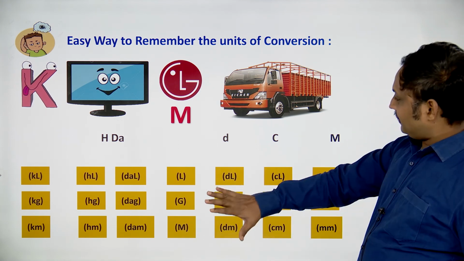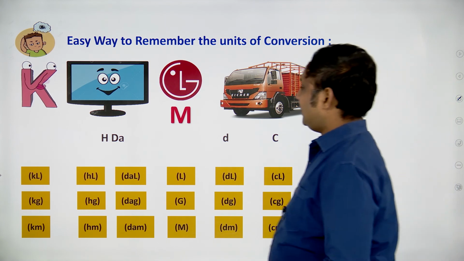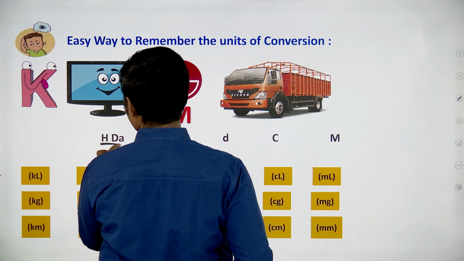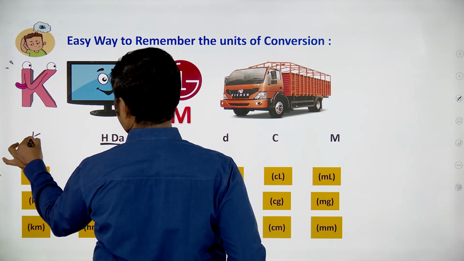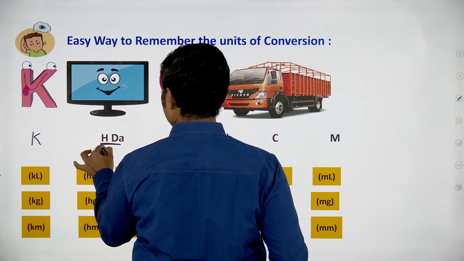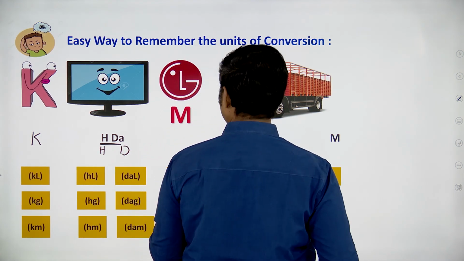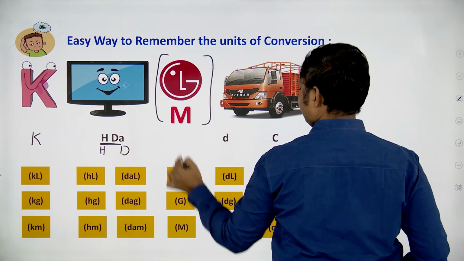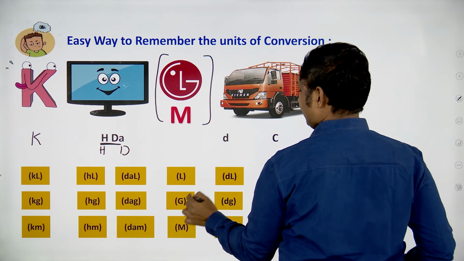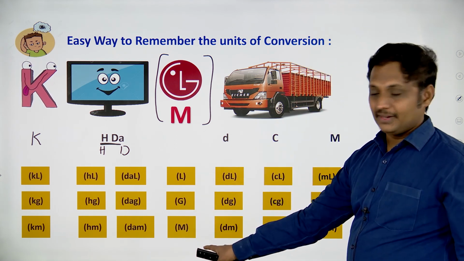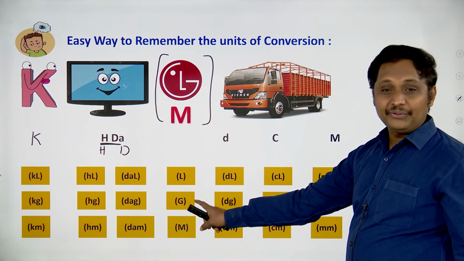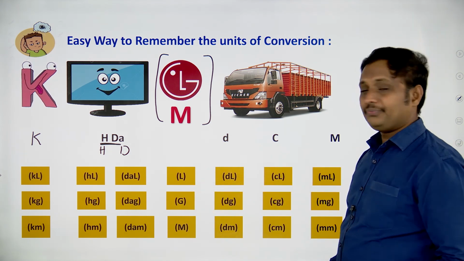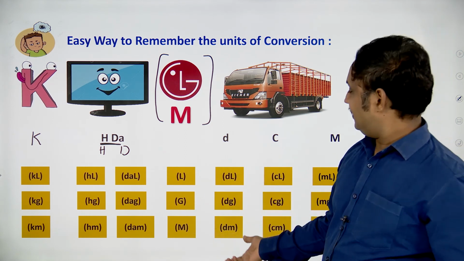This is very clear: HD TV, we take K, H, D, and LGM, the LG logo. Liters, grams, meters: meters are for distance, grams for mass, and liters for volume, which is for liquids, while solids have mass.